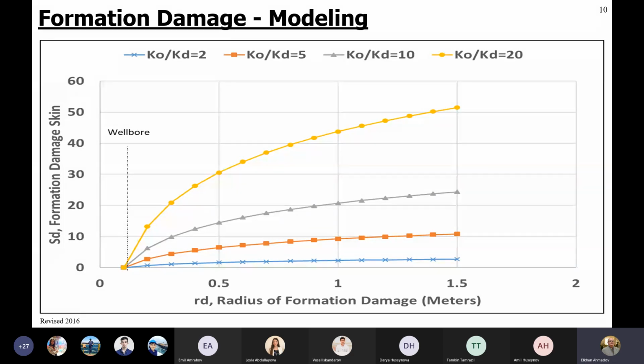Although it's increasing, it is at a lower pace or lower rate. Okay, so the more severe the damage and the longer the radius, the higher the skin.